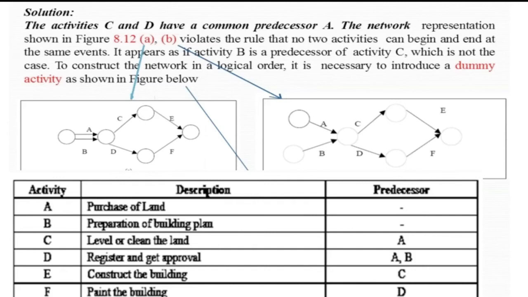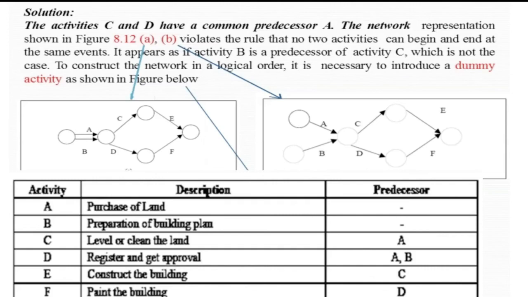Two activities here are beginning and ending on the same event. It should not be. So that is against our rules in setting up a graphical view representation of our CPM. So this is incorrect.